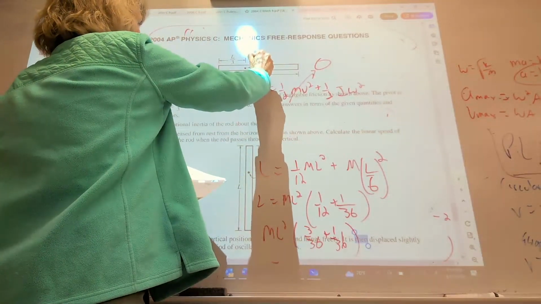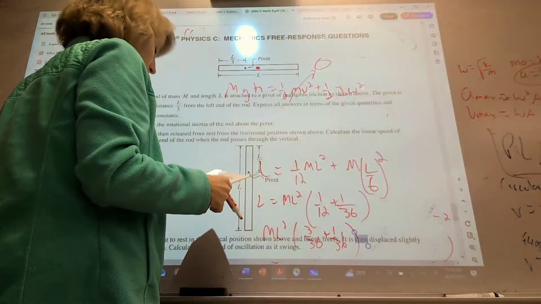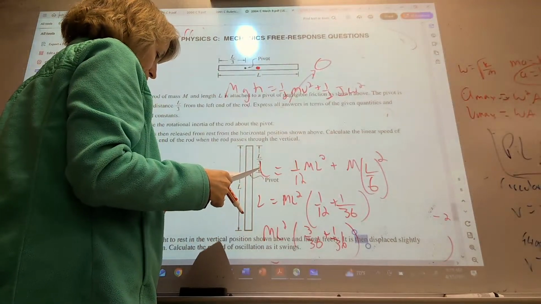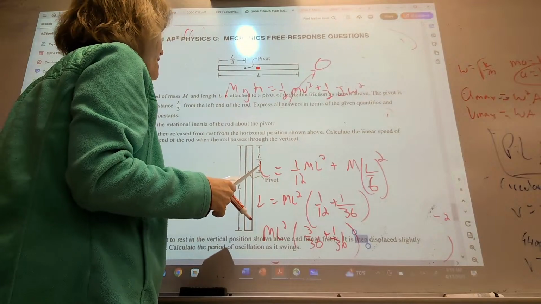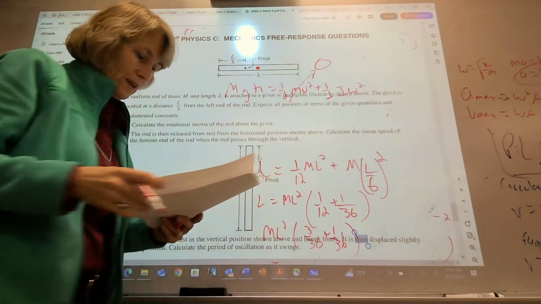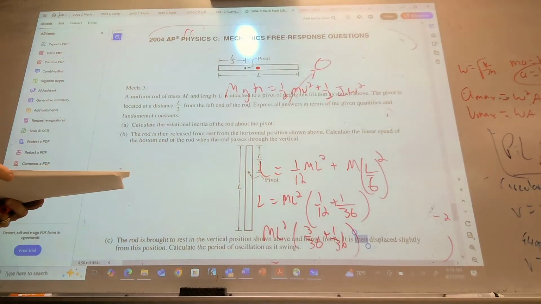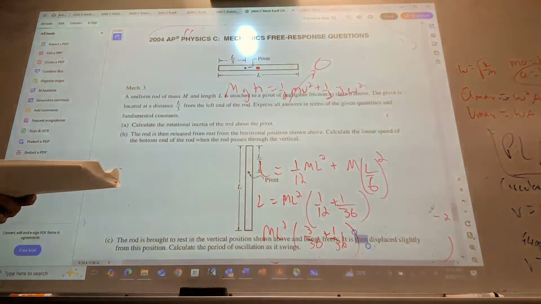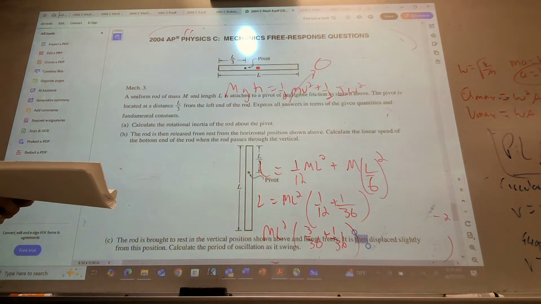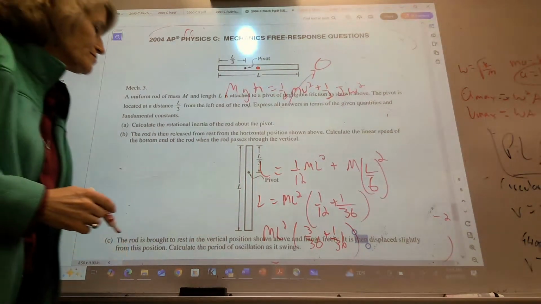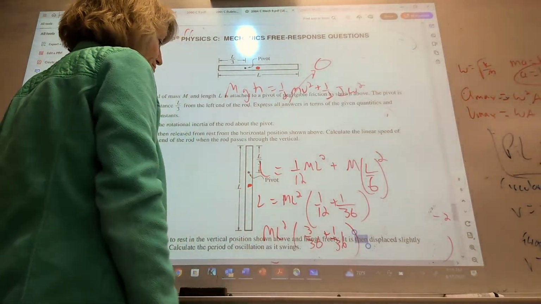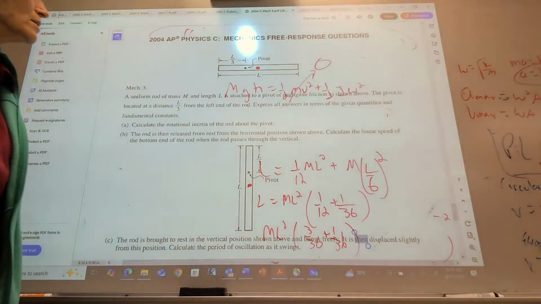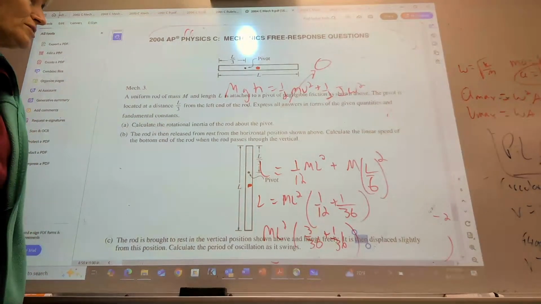So this is the center of mass here. How much did the center of mass fall?